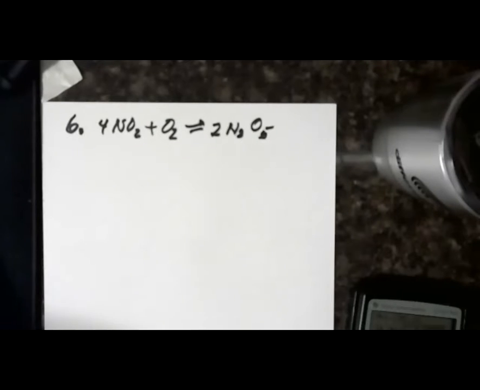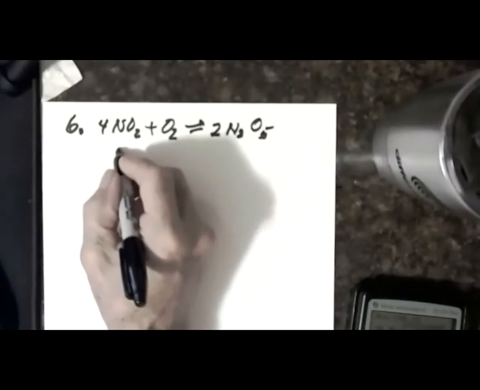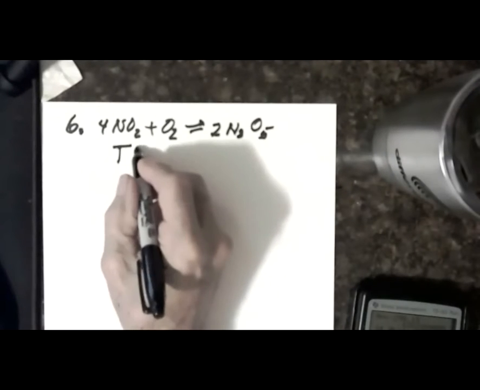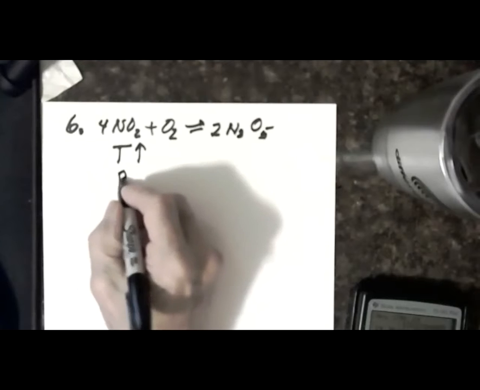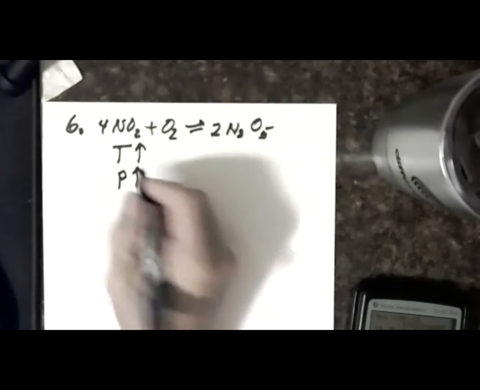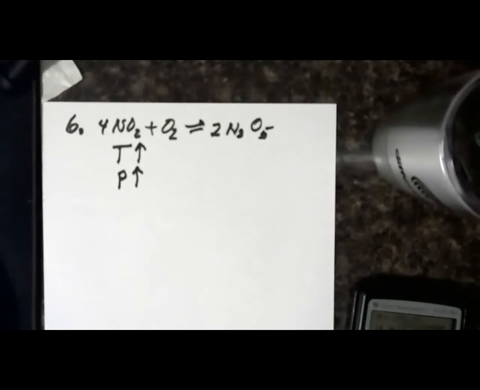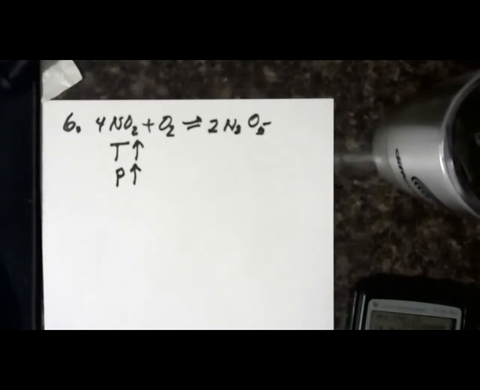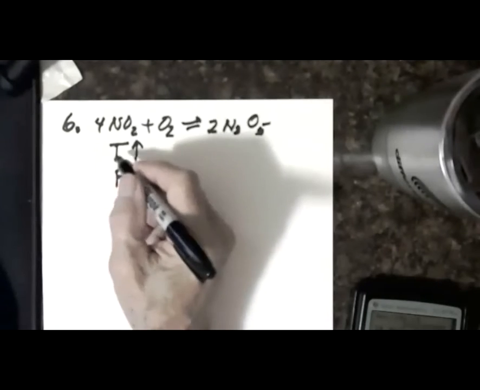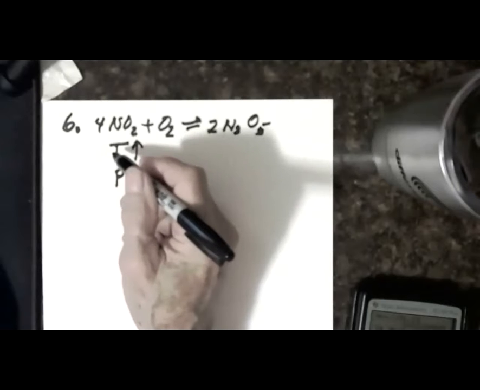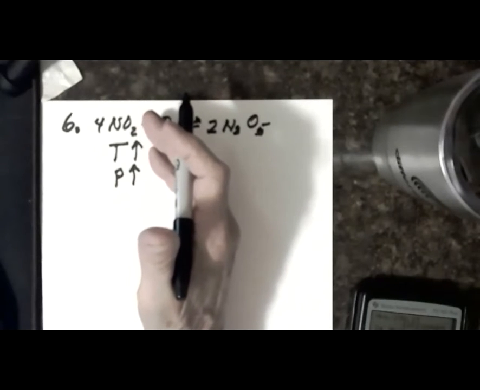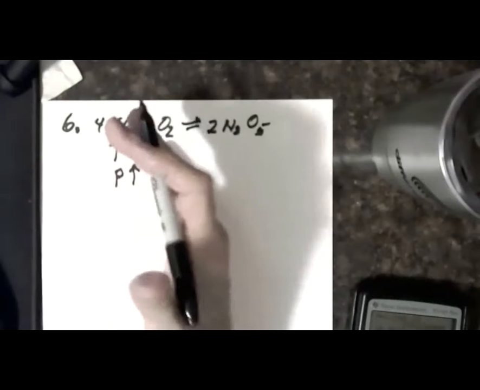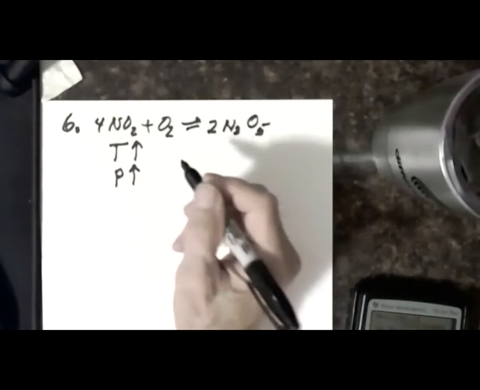Now, so this is a reaction, and we want the effect of temperature, I'm going to say increasing, and pressure, I'm going to say increasing. That maybe is not what this problem is saying, but that's the way I'm always going to solve the problem. I'm going to see what happens if the temperature increases, and then if the temperature is decreasing, then I'll say it's the opposite of what I just figured out.